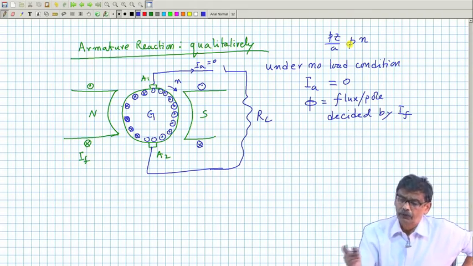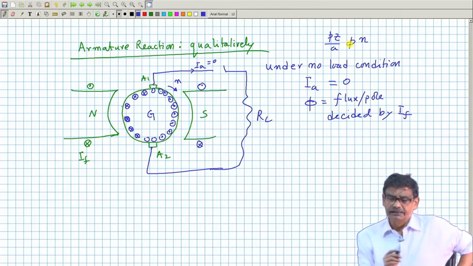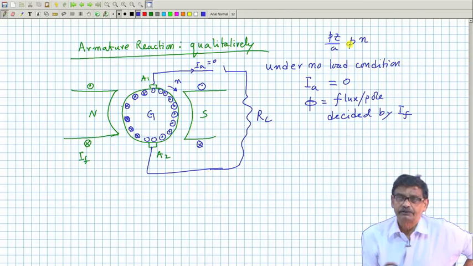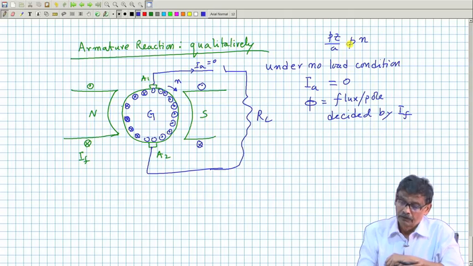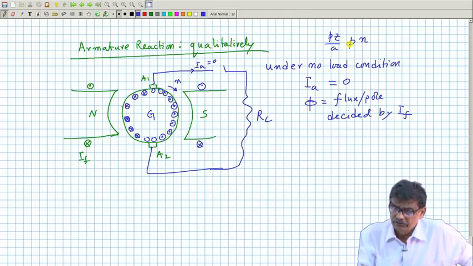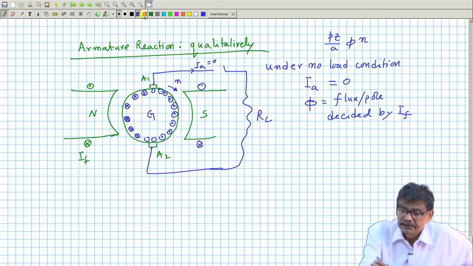Now, in the qualitative explanation, it is pretty simple to understand what is going to happen. Consider each conductor.